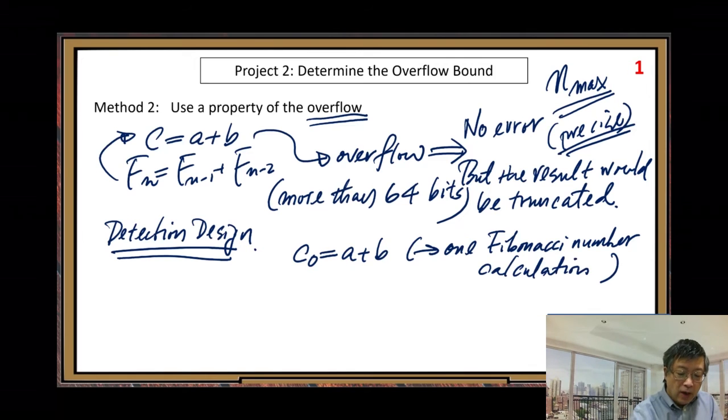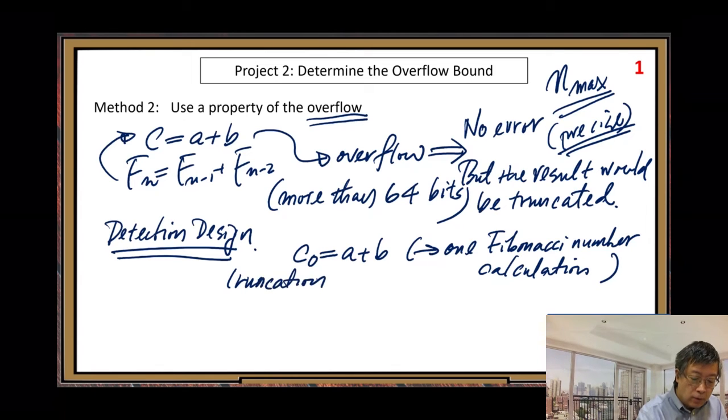After one Fibonacci calculation, you need to check if this value is correct or not, whether there is a truncation or not. Truncation corresponds to overflow, so you need to detect truncation.